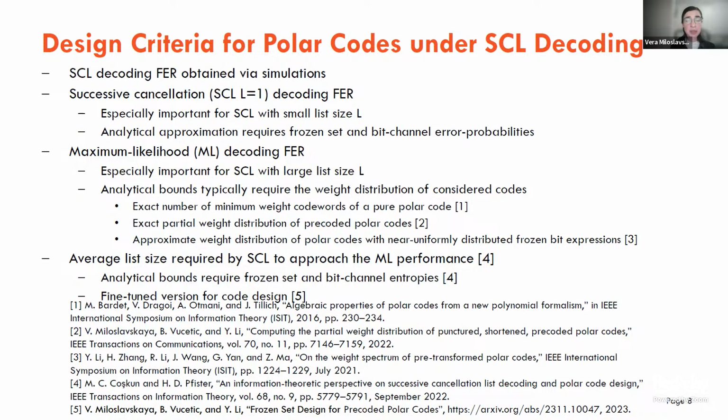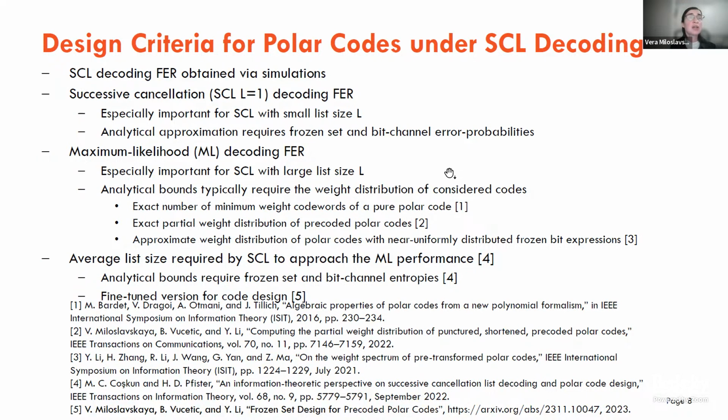So it is desirable to use design criteria given by analytical expressions. For SCL with list size 1, that is, the successive cancellation decoder, we have an analytical approximation of the frame error rate, and it requires knowing only the frozen set and bit channel error probabilities.